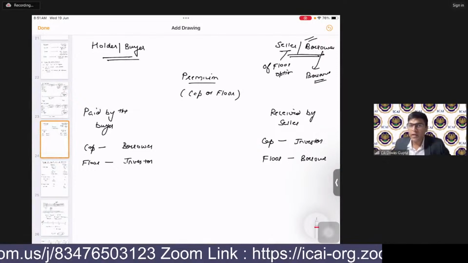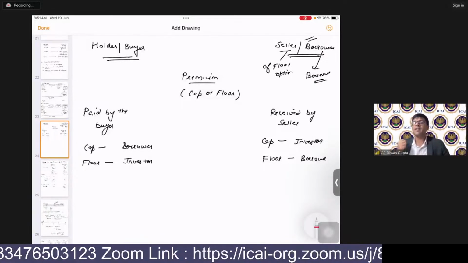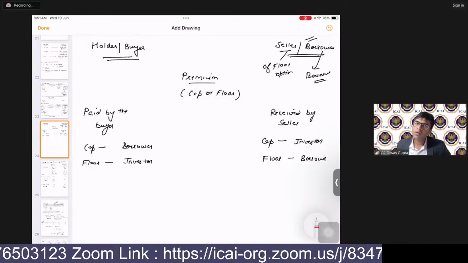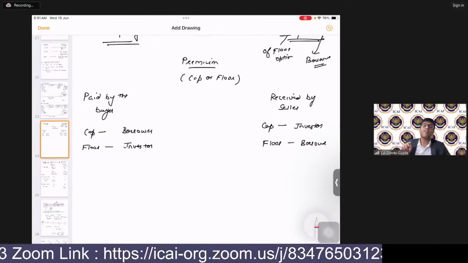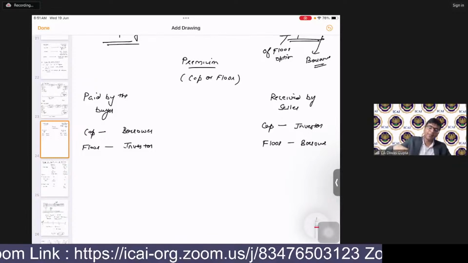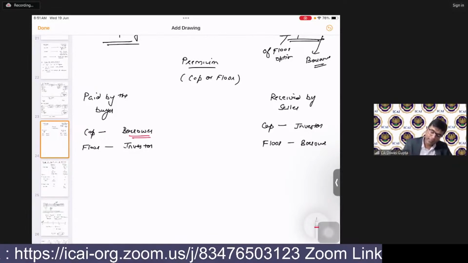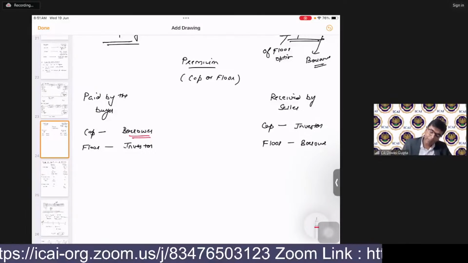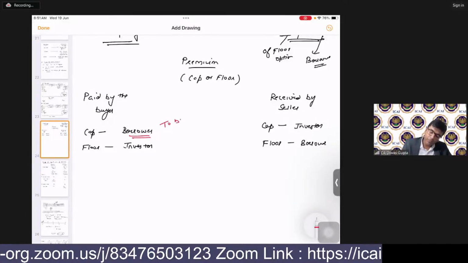Premium will definitely be paid by the buyer. Buyer of what? Buyer of the option, whether it is a floor option or a cap option, right? Now, the buyer of a cap option ultimately becomes the borrower, right? Because this buyer of the cap option is entering into an instrument to borrow.